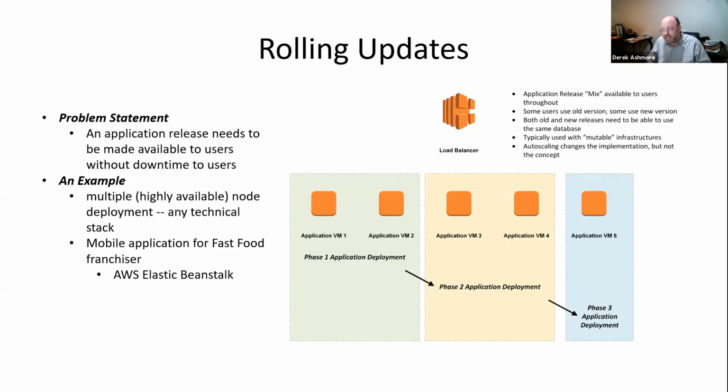And basically any application deployment that has multiple nodes that is considered highly available, quote unquote, that is, if one of those nodes goes down, your application is still up, is where rolling updates can be most useful.